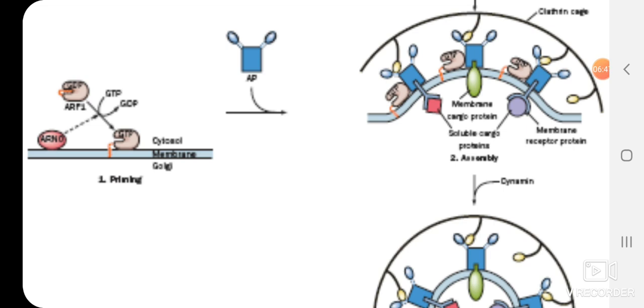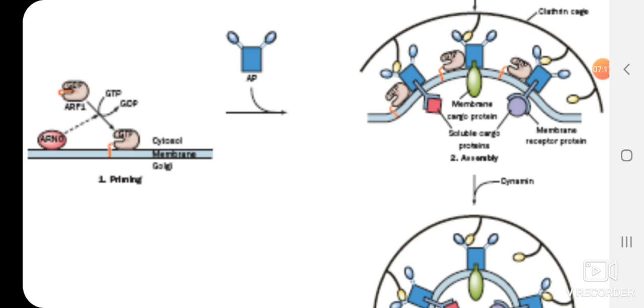So once it finds this exposed YXXΦ or this particular DXXLL sequence, then it is going to interact with that particular receptor and starts binding with it. Means a firm contact is going to be made between AP2 and that particular receptor cytosolic domain.